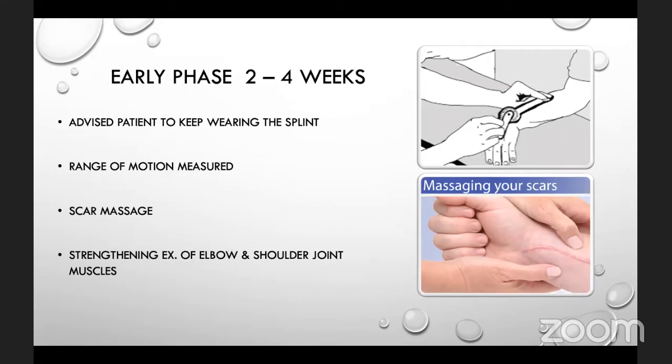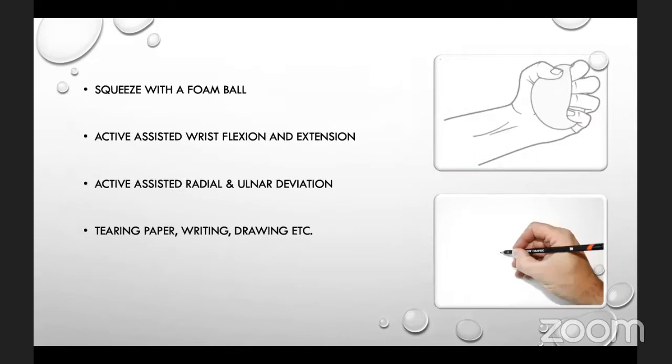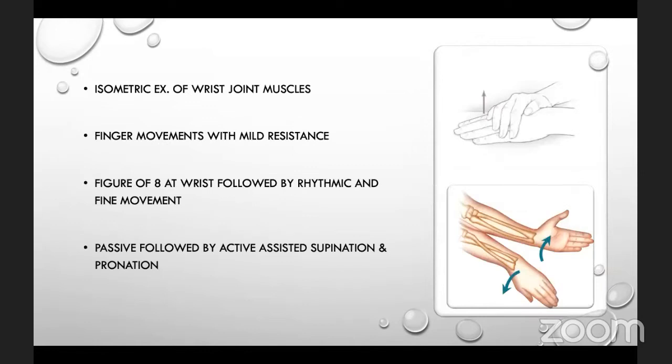So I did some strengthening exercises of elbow and shoulder joint muscles. Then I gave him a foam ball to squeeze, and I did active assisted wrist flexion and extension, active assisted radial and ulnar deviation, and I gave him some basic homework like tearing paper.